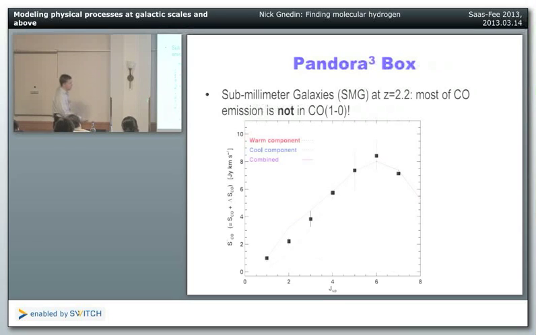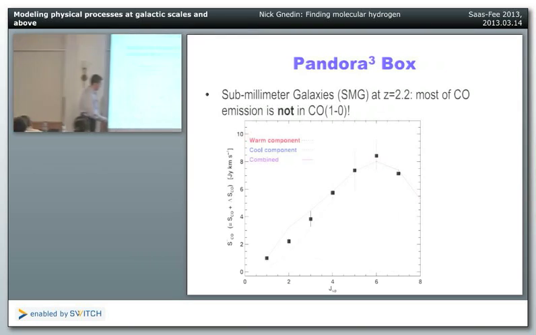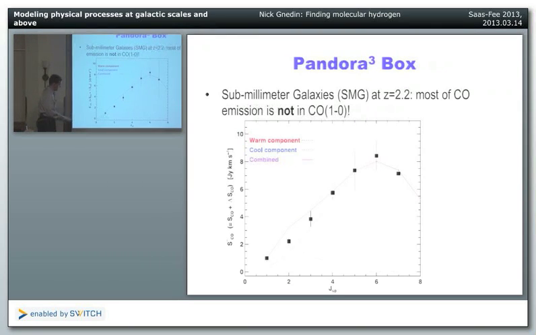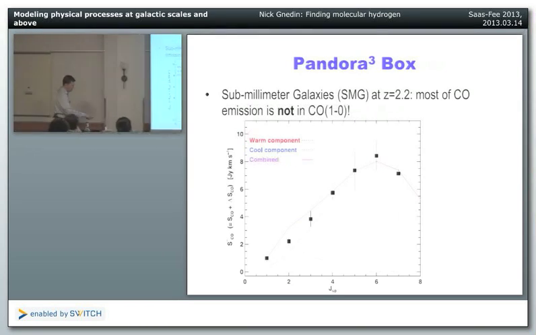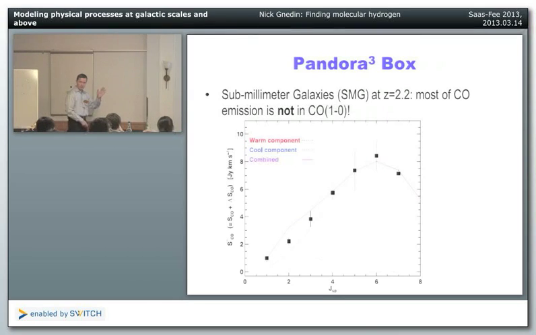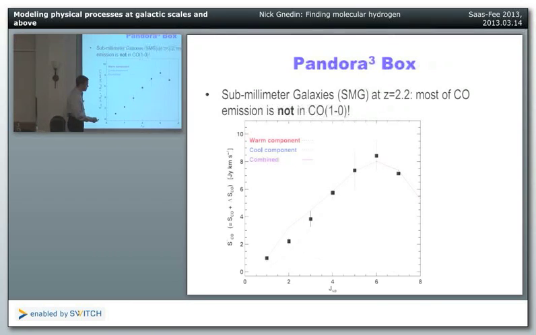But these galaxies actually emit most of their radiation in the 5 to 4, 6 to 5, or 7 to 6 transitions. So not only may the luminosity in this transition depend in a complicated way on the H2 abundance, but how much radiation is emitted here may also change, because most of the radiation is emitted in a different band.